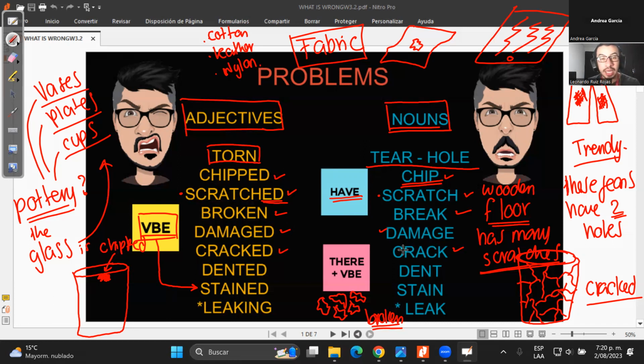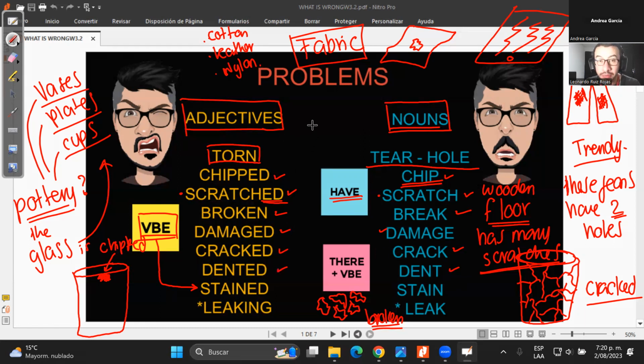Easy. And then we have one which is dented. It can sound like teeth, but it doesn't have anything to do with teeth, no? Do you know what is the meaning of dented or dent? Como golpeado. Very good. It means abollado or abolladura, dent, of course.